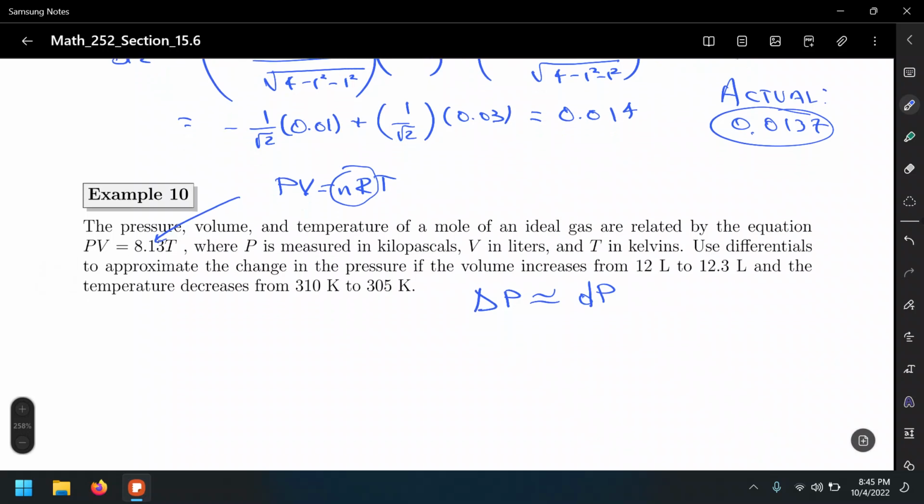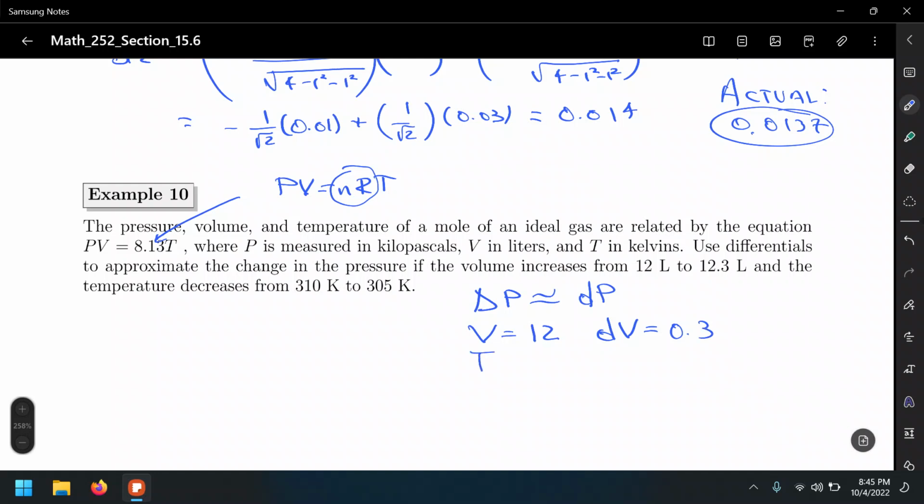Alright, so what do we have? We have an initial volume of 12 liters, and we have an increment in the volume. So if it goes from 12 to 12.3, dV has to be 0.3.